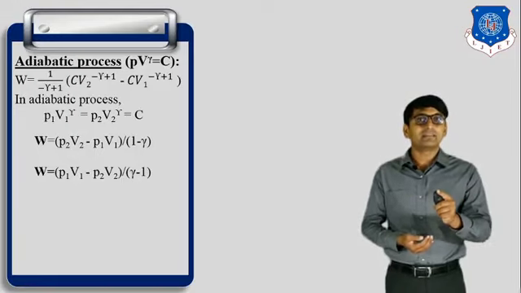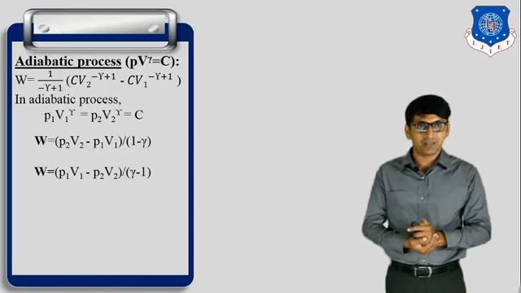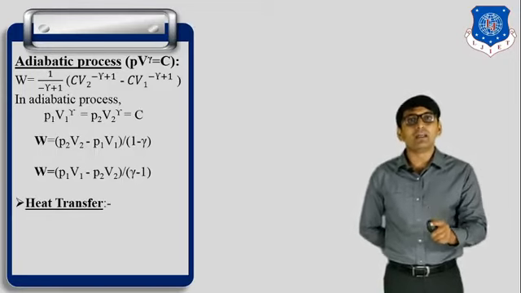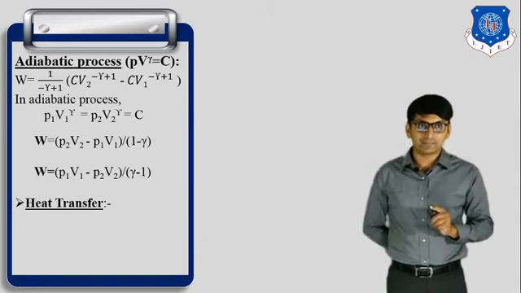We interchange gamma and 1. So this is the final equation of W for the adiabatic process.